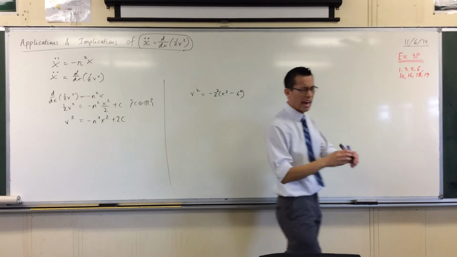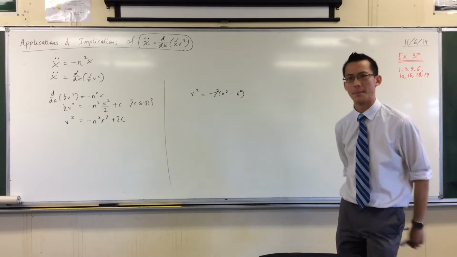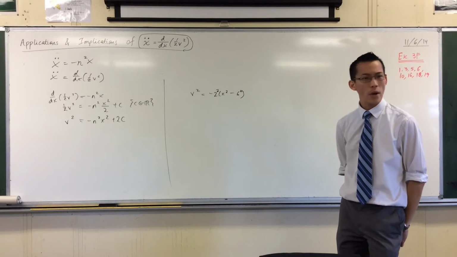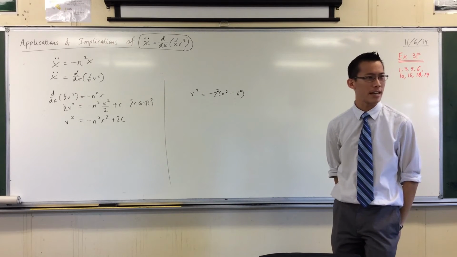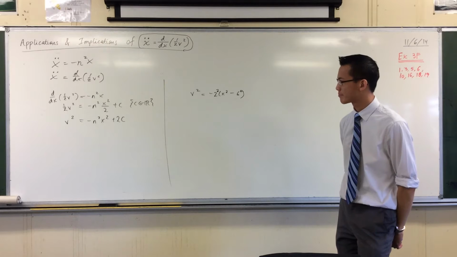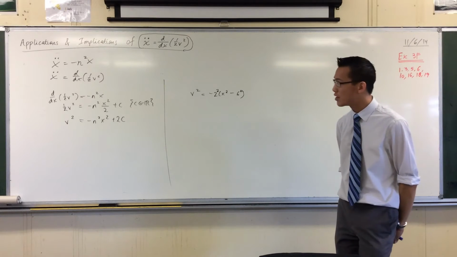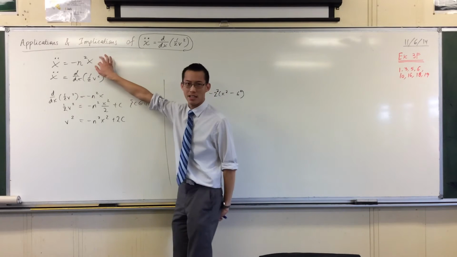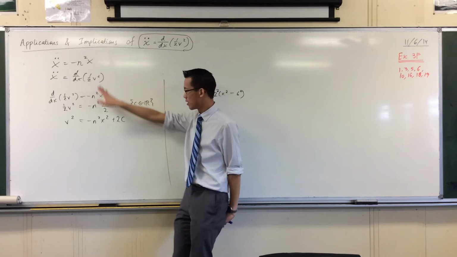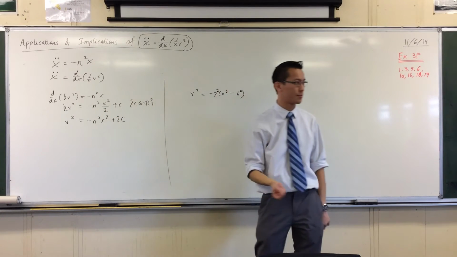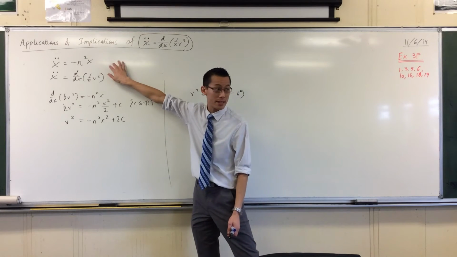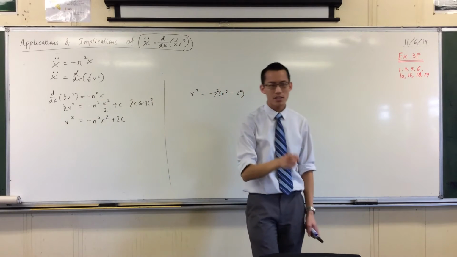How did we get rid of the constant last time? We had an initial condition, right? I'm not giving you any conditions. I'm giving you nothing. It can be any kind of simple harmonic motion. But this constant can't be anything. I can still work out what this is. Now, it's a bit tricky.